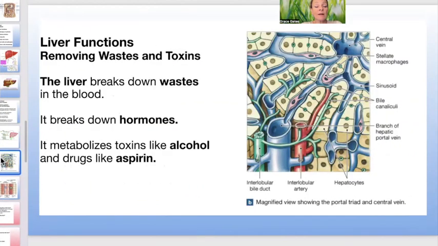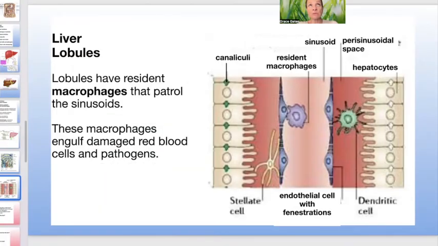The liver breaks down wastes that are in the blood. It breaks down hormones. It metabolizes toxins like alcohol and drugs like aspirin and many other drugs, many other toxins besides alcohol. And lobules have resident macrophages that patrol the sinusoids.